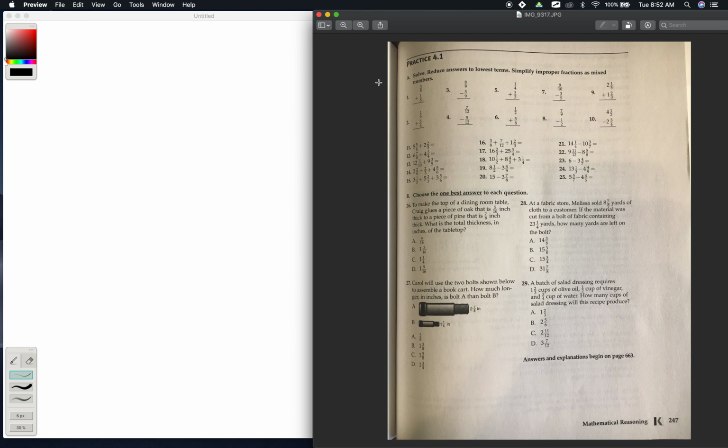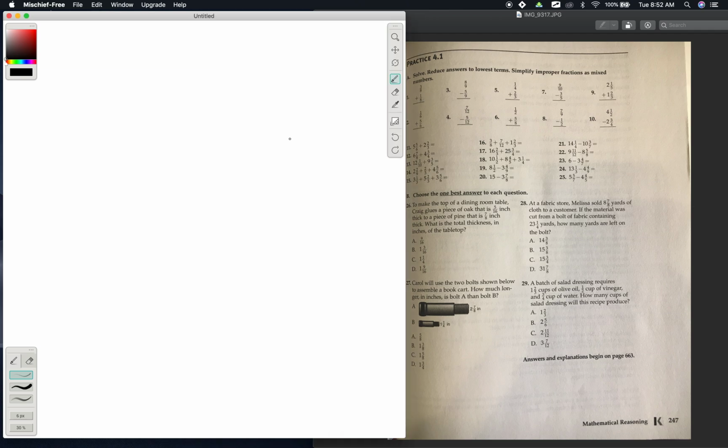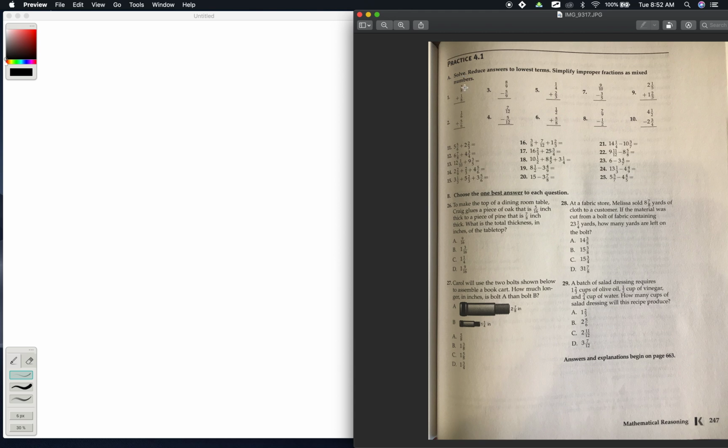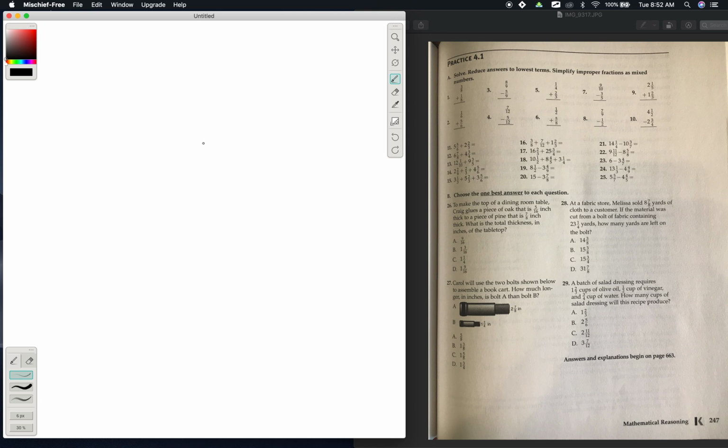Okay, so these have like denominators here. That is 3/8 plus 1/8.